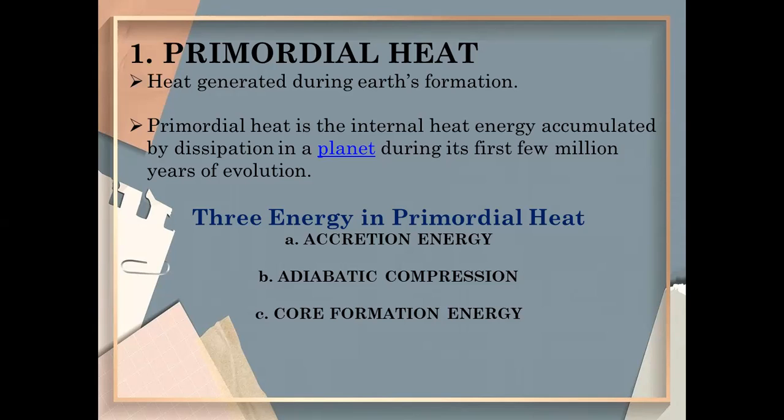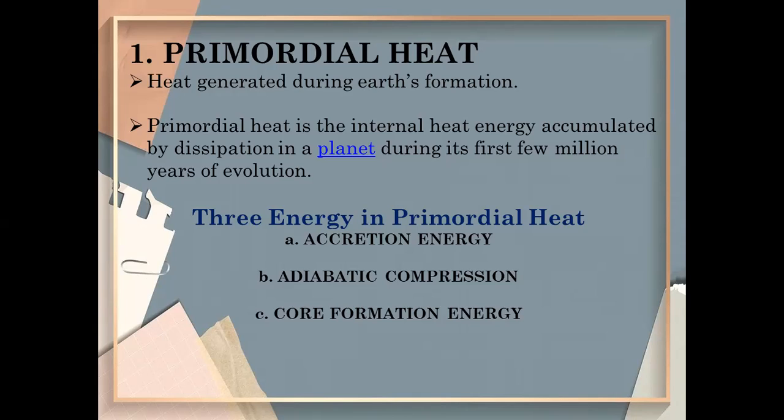The main contribution to the primordial heat is the accretional energy. So, we have 3 energies in primordial heat. We have accretion energy, the energy deposited by infalling planetesimals and differential energy. The latter is mainly released by core formation and is basically potential energy that is dissipated upon formation of a gravitationally stable layering of the planet.